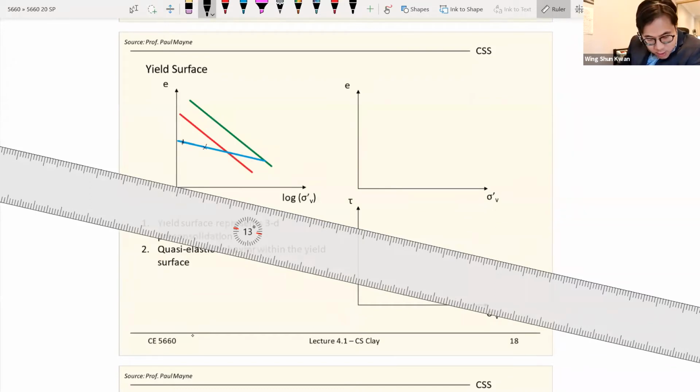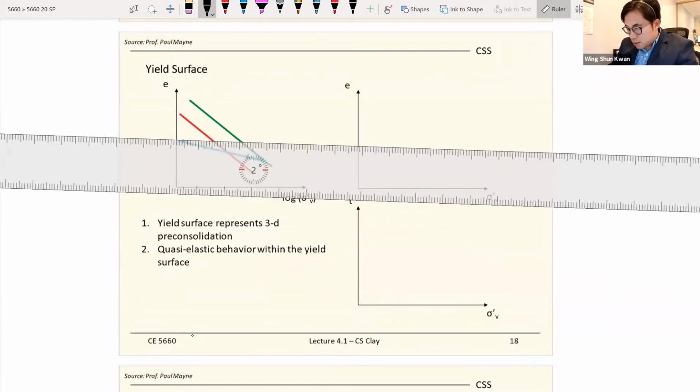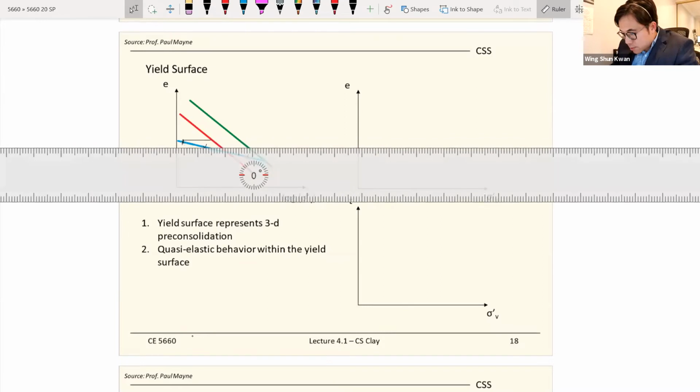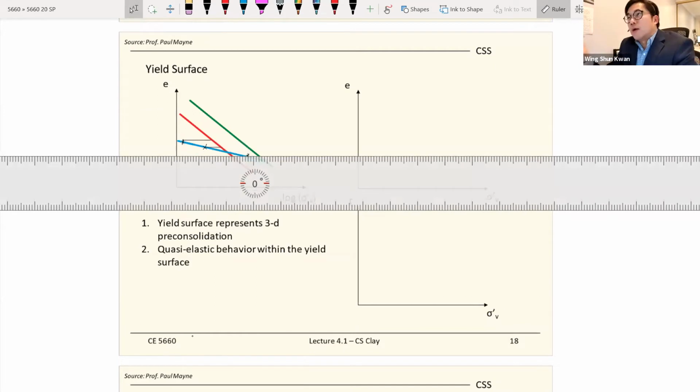If we have these three tests, all starting from the overconsolidated line, when you fail, we know where it starts and we know where it ends. You always want to go to the critical state line. So when you are left of the critical state line, you go to the right, and when you are right of the critical state line, you go to the left, for undrained loading.